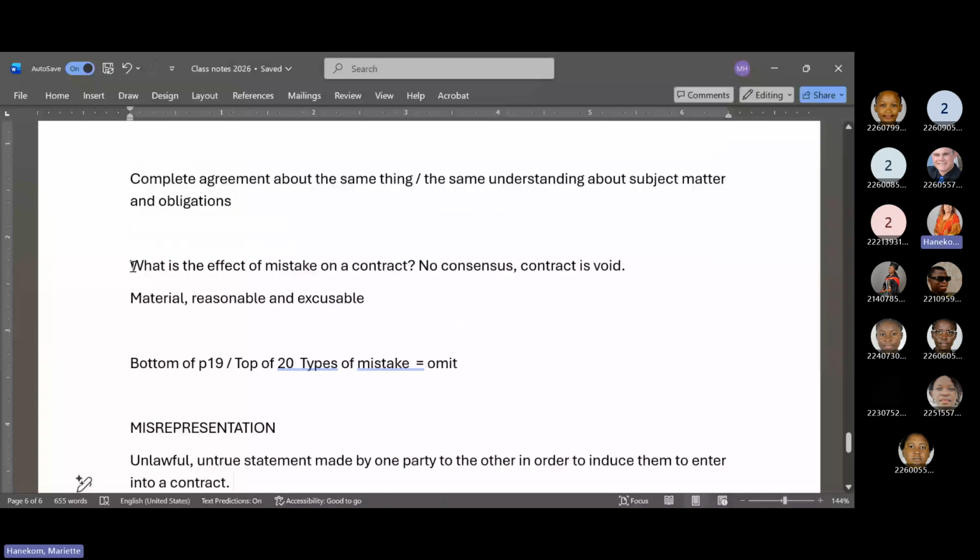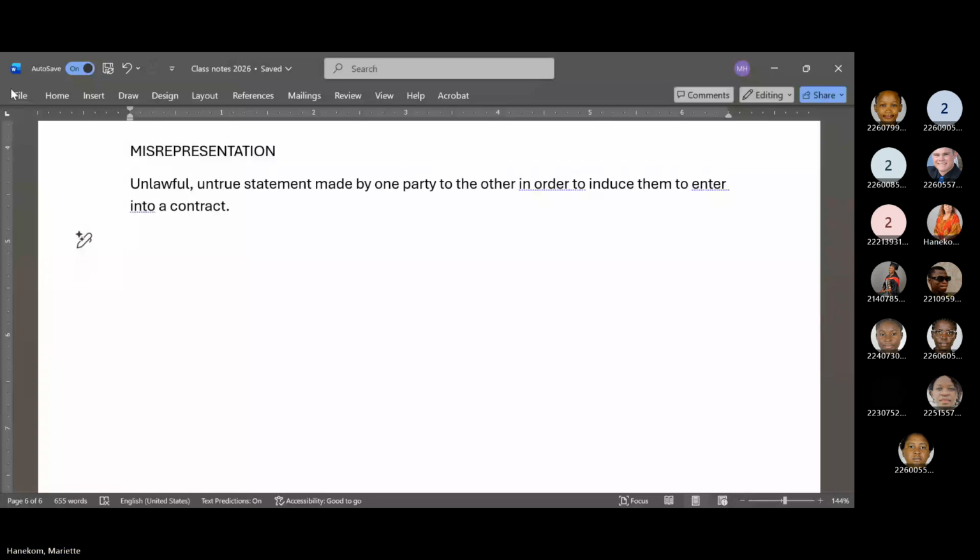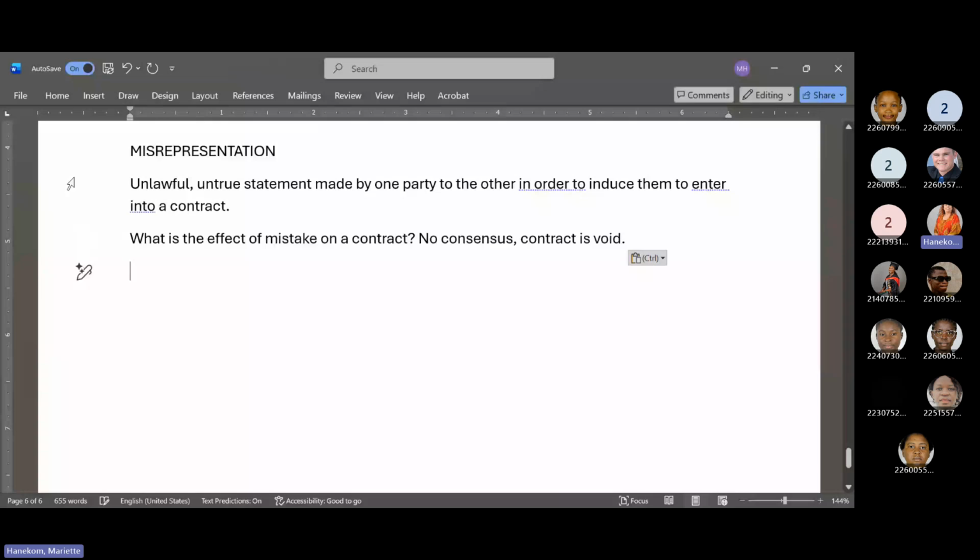So what is the effect of misrepresentation on a contract? How does this affect our contract?